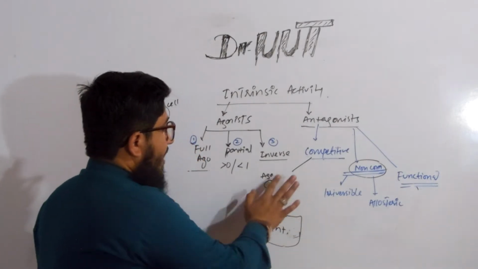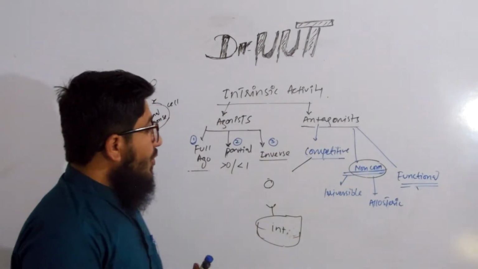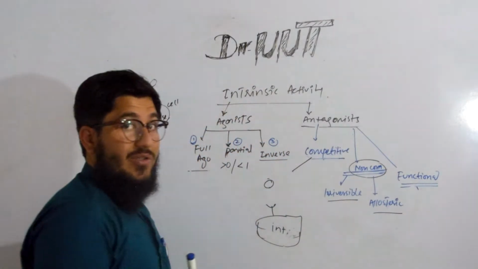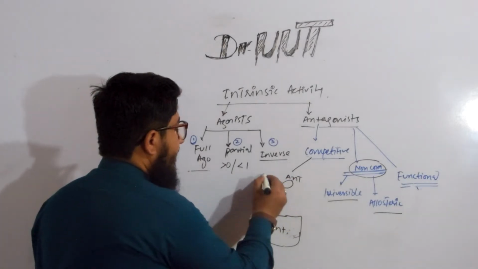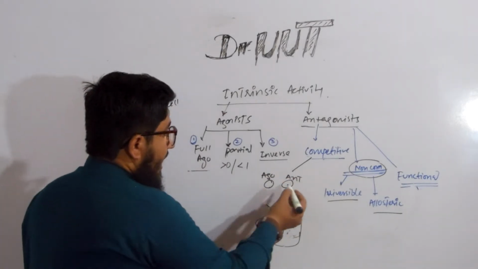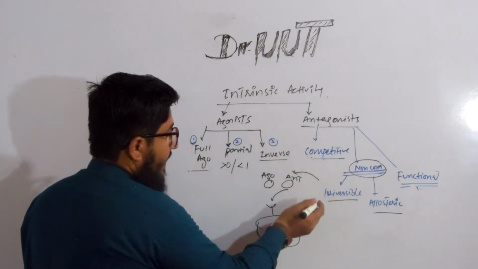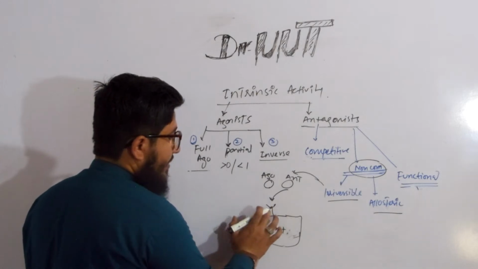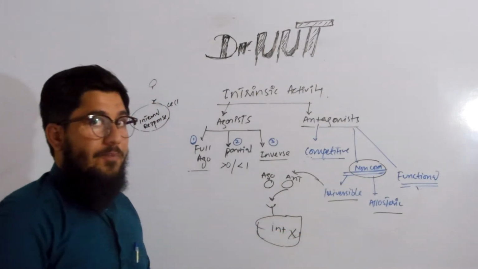Now we have another type that is called non-competitive. In this case, what will happen? We have irreversible and allosteric antagonists. Irreversible: here is your antagonist and here is your agonist. I'm talking about the irreversible one. If this irreversible antagonist binds to the receptors, then there will be no internal signal.